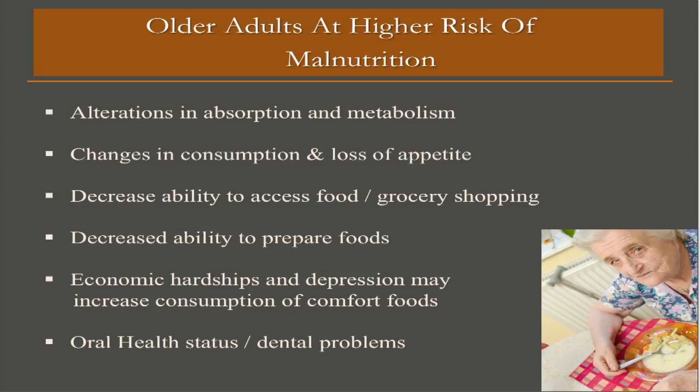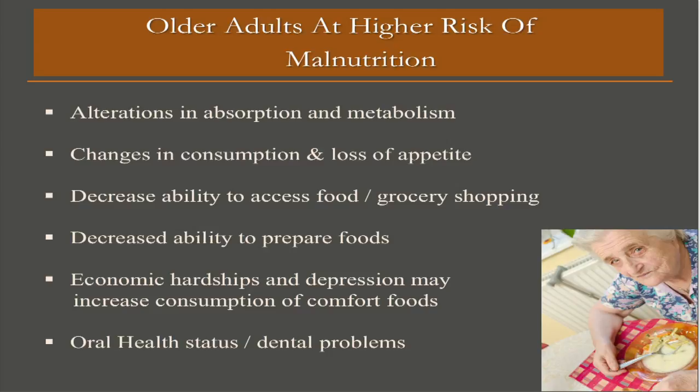Sometimes ability to access food, like going grocery shopping, especially for those who live in climates that are either extremely hot or extremely cold, with ice and snow, usually stops these poor people from being able to go to the store and buy food. Loss of vision and hearing leads to diminished ability to purchase and prepare food.